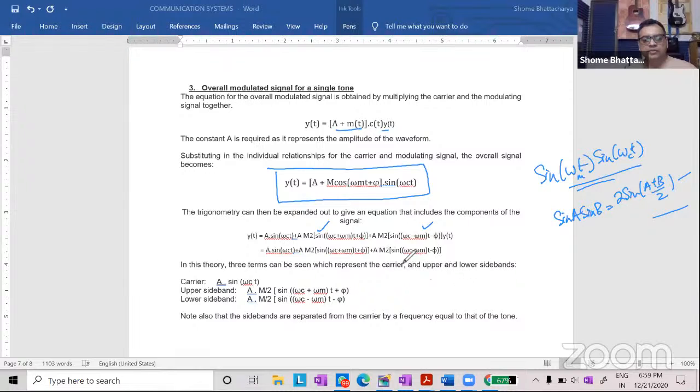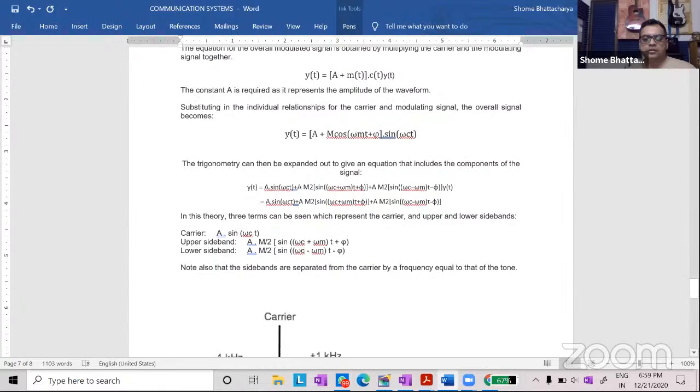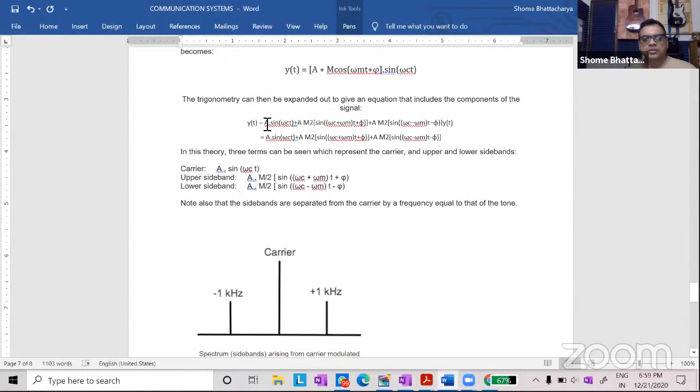So ultimately we get a waveform which is like the superposition of three waves. We get a waveform which is this.